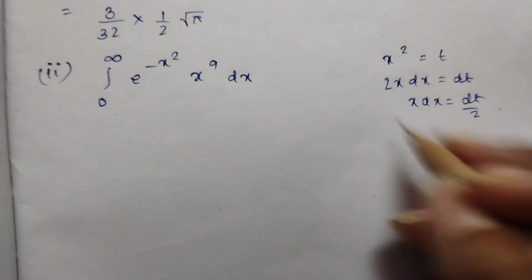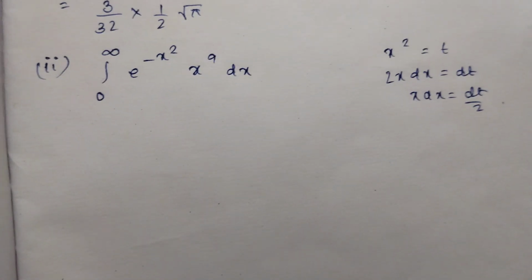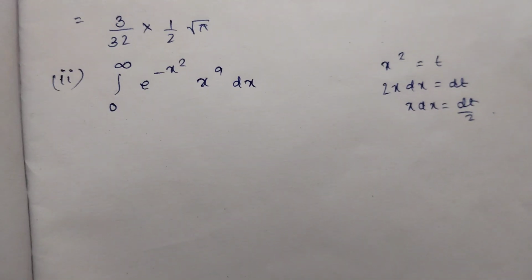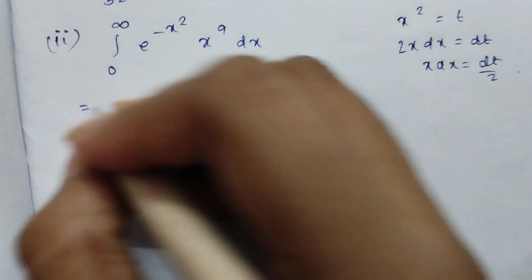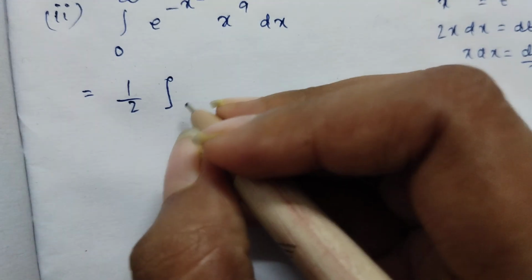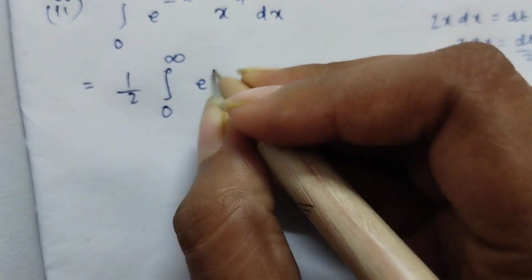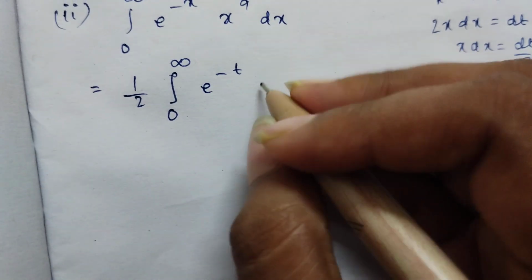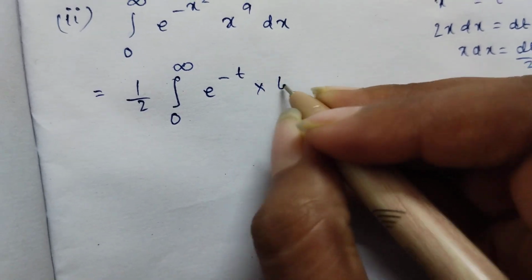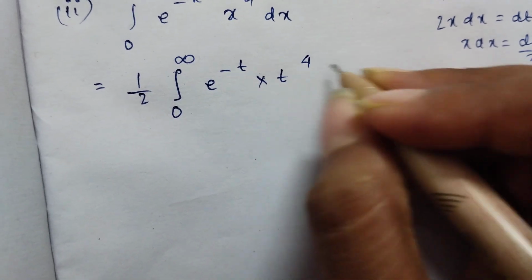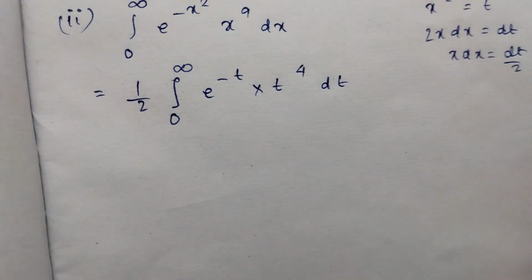Now we need to put this in this particular equation. So on putting this particular thing in the equation, what do we get? We get 1 by 2 into integration from 0 to infinity of e to the power minus t into t to the power 4 dt.